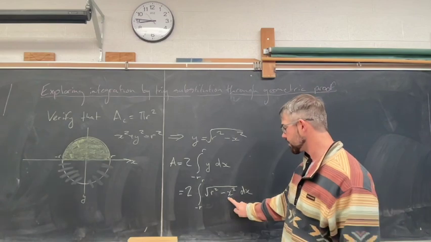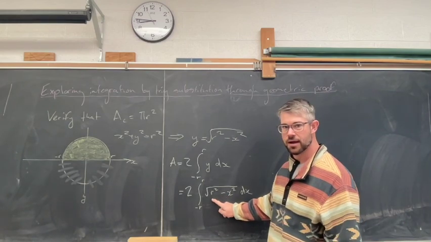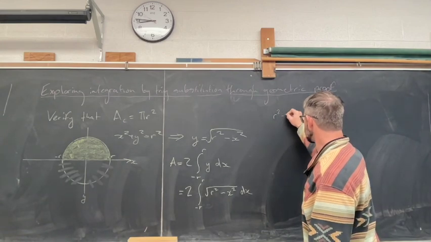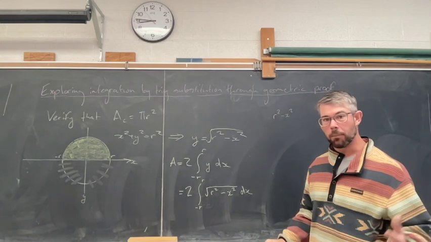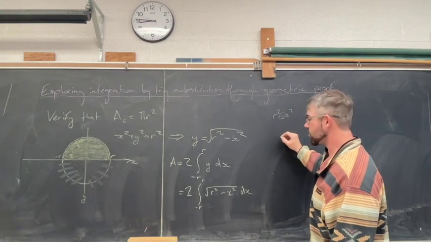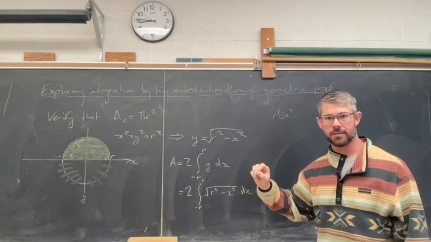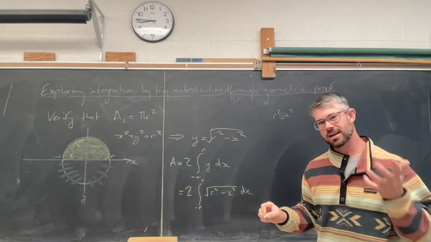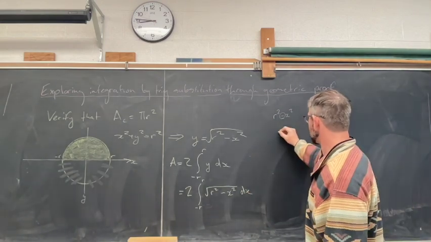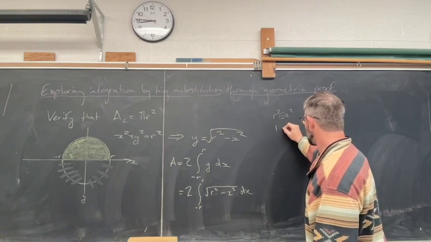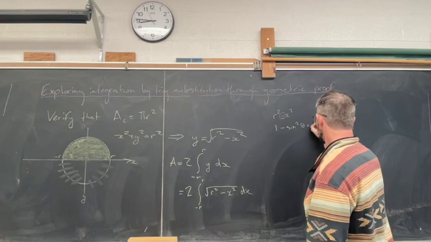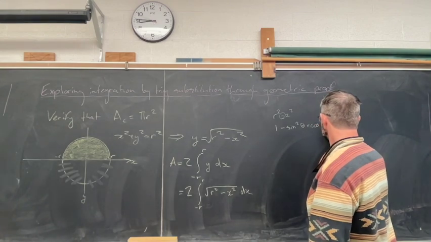Although it's a little trickier because we don't have a 1 here, we have another expression. So we need r squared minus x squared to be replaced with something. Because it has a minus, I'm looking at not the tangent trig substitution, but either the sine or the cosine trig substitution. So let's take a look at using, we want to compare this to 1 minus sine squared theta equal to cosine squared theta.